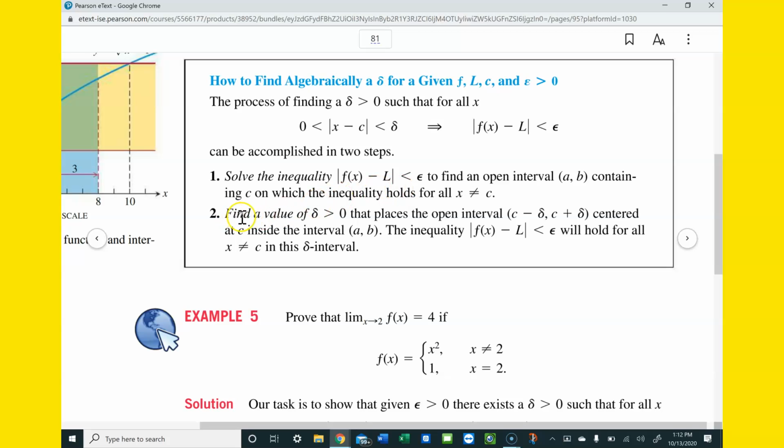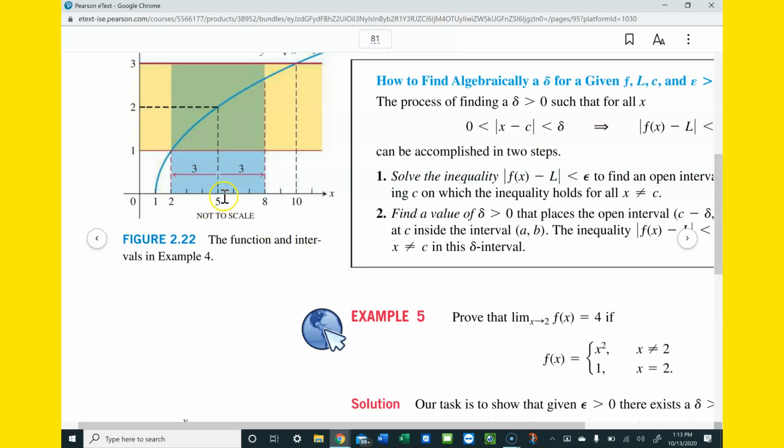Next, step 2, find a value of delta greater than 0 that places the open interval c minus delta to c plus delta centered at c inside the interval a to b. The inequality absolute value of f of x minus L less than epsilon will hold for all x not equal to c in this delta interval. That's picking this centered interval that's centered according to the closer endpoint.